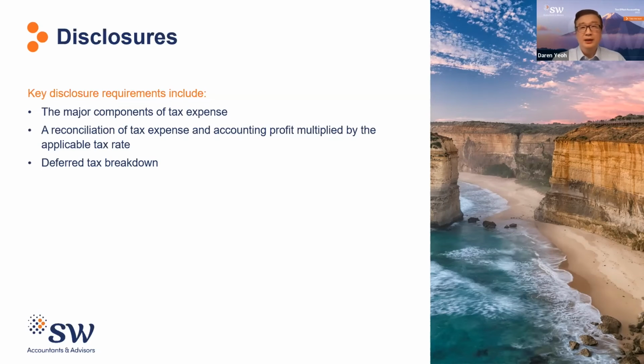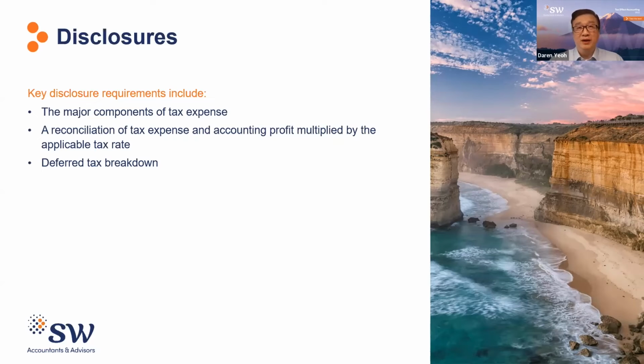So finally, disclosures. So AASB 112 requires certain disclosures to be made in your financial statements. The key one being that you do need to break up your income tax expense into its various components. Secondly, you need to provide a reconciliation. You start with your accounting profit multiplied by your corporate tax rate, and then you need to show all the adjustments, which brings that amount to your income tax expense number.